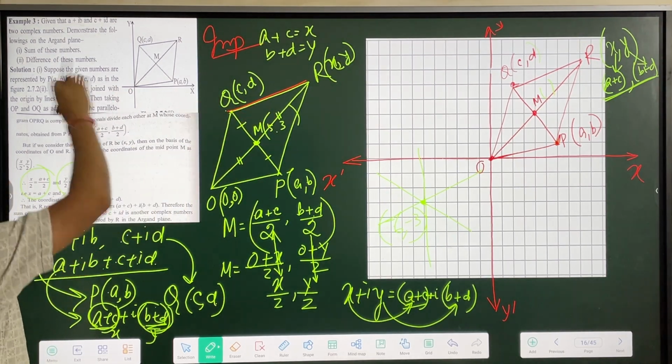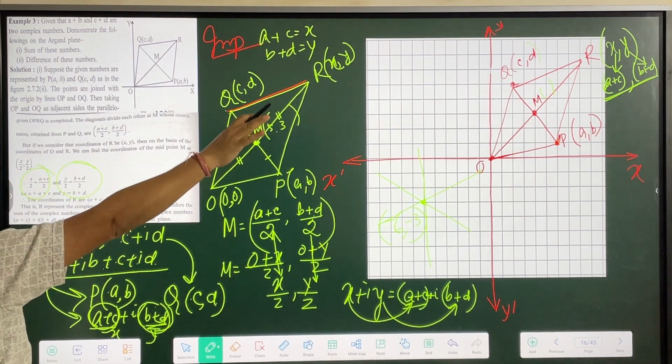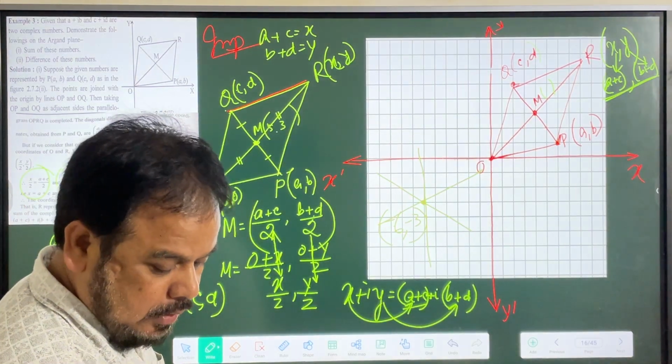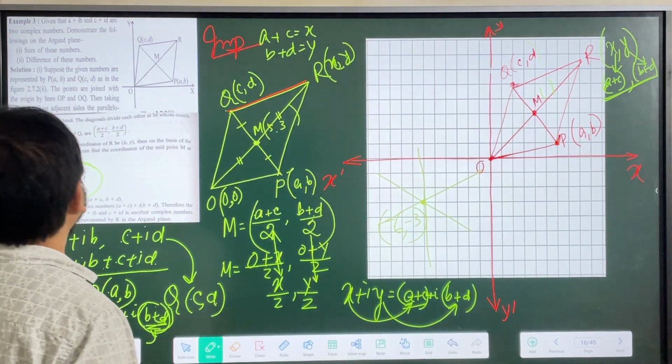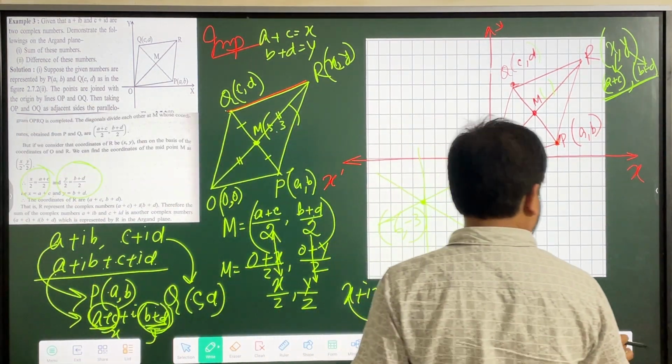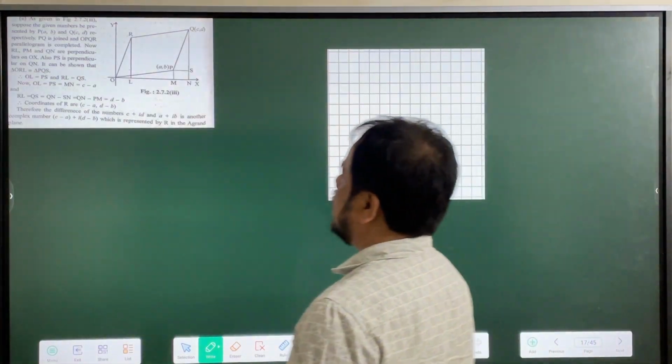So it shows that the sum of these numbers can be demonstrated on the Argand plane. The difference of these numbers also we can show here.